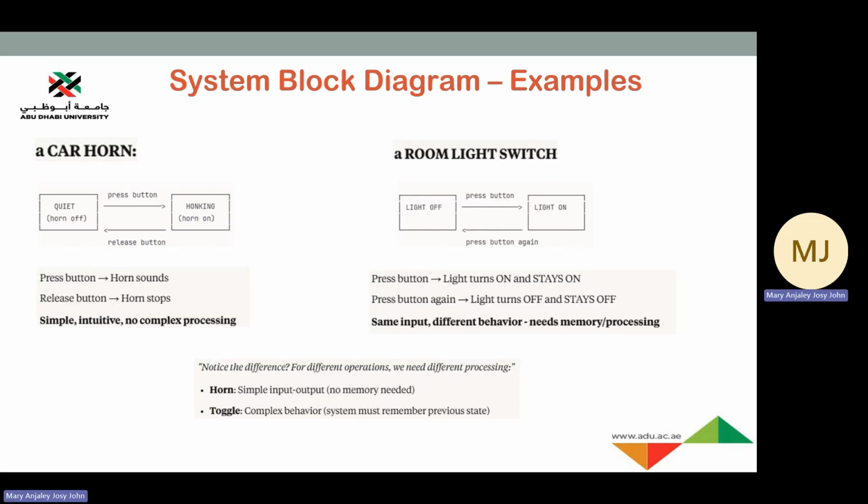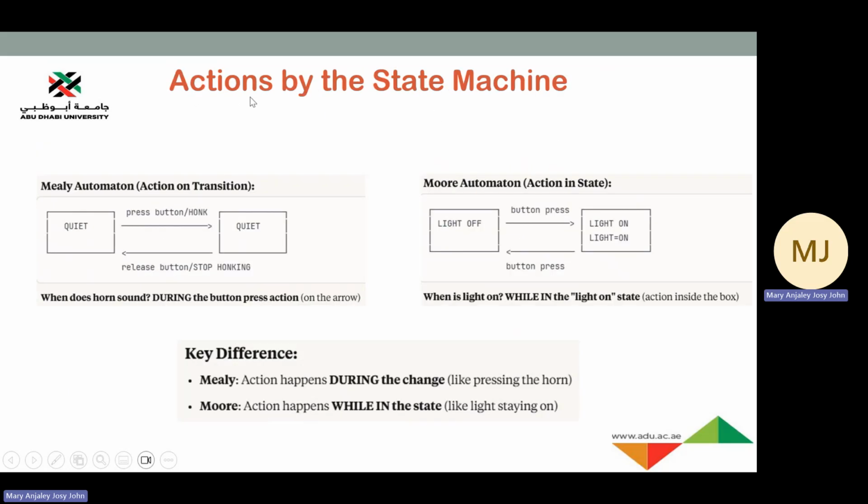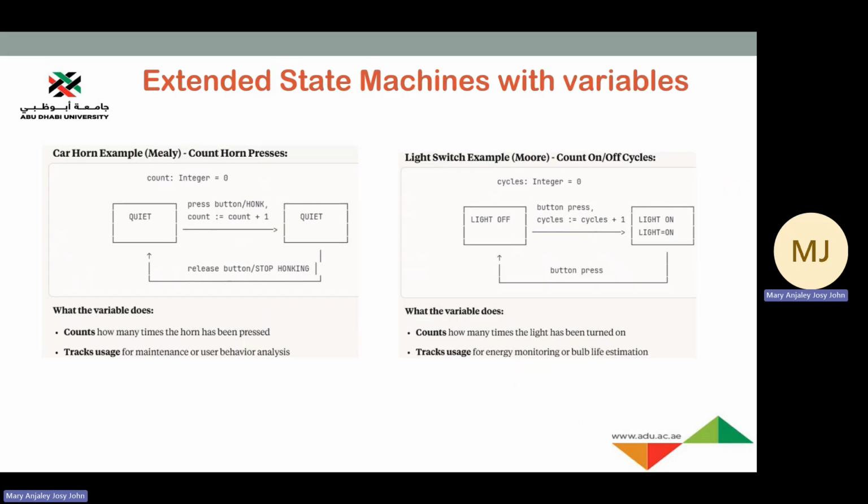Now, let's look at the headings again. State diagram. We were just talking about the state diagram, and we said the actions can happen during the transition or when it's in the state. Now we are adding some capability to it.